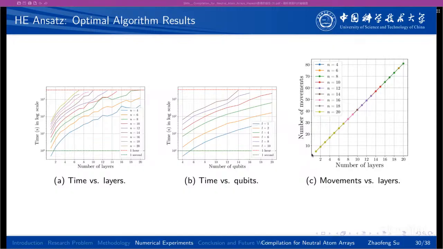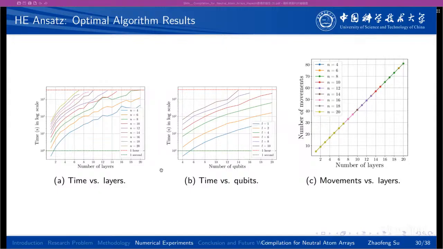So, to reach the scaling of the physical devices, you need to. Yes, this algorithm is not practical because we use an SMT solver to find this. This result, this movement, is optimal, but it will cost lots of time. So this is not a practical algorithm.